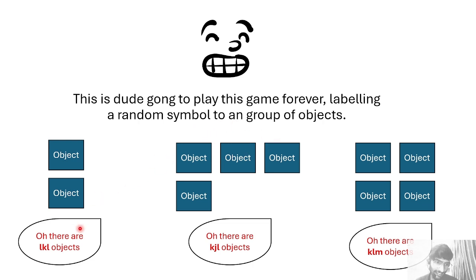For example, he will say the quantity of these objects is alkyl, then the quantity of these objects is KGL, and the last one is KLM. Well, it might be helpful for him, for us it's not, and clearly it's not going to be helpful for him in the long run either.